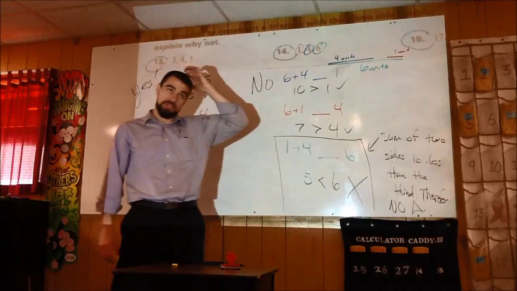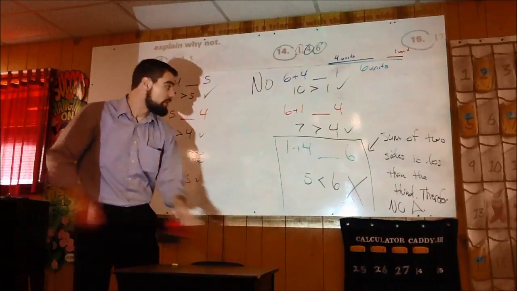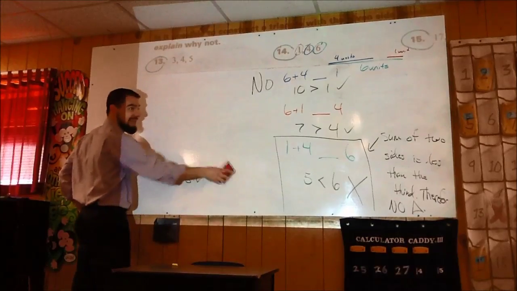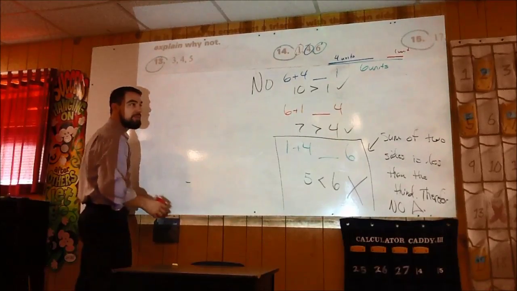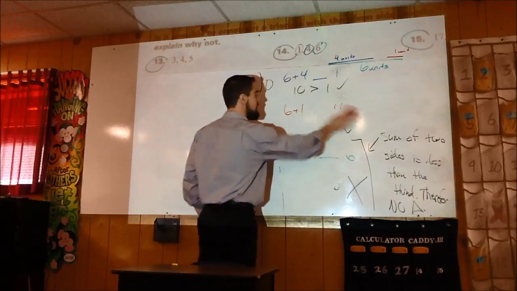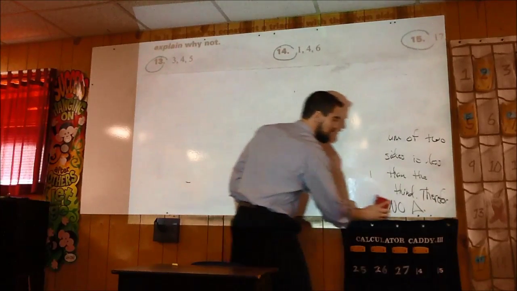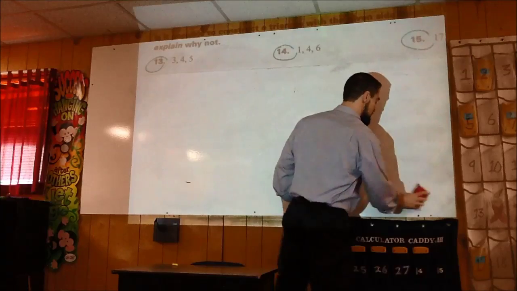These are 2 types of questions that will be on your quiz. The next one, we're going to look down to the next section. We're going to look at number 19 together.